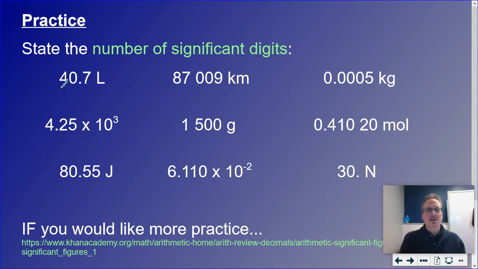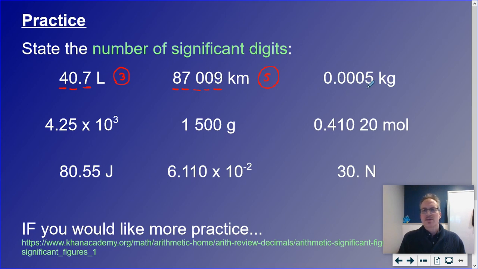Okay, if I take a look, we have a number, we have a number. This is a zero between, so it's going to count. This example is going to have 3 significant digits. For this one, we have a number, a number, a number. Again, these zeros are between, so they're going to count. This one has 5 significant digits.